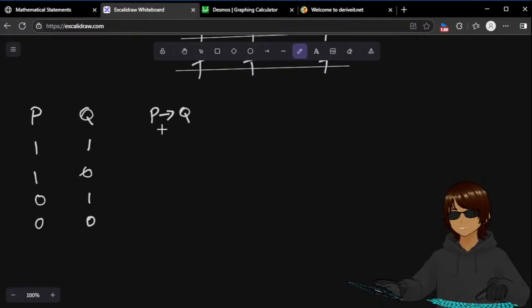Okay, so for this statement, for someone to say that P implies Q, for example, event P, like I click a button, like you click a button and then a light shines.